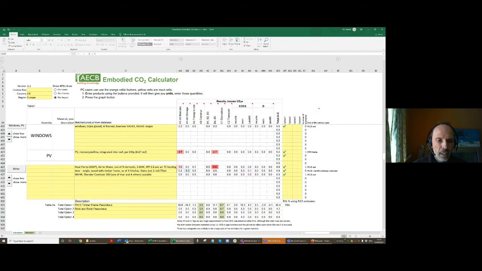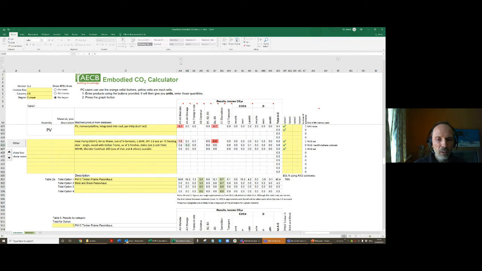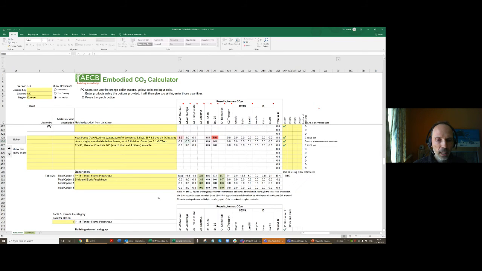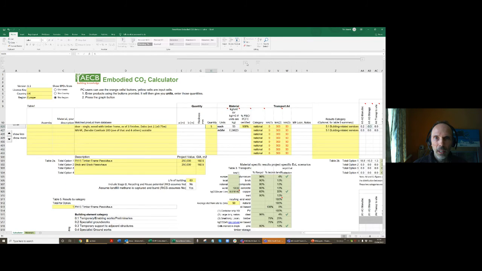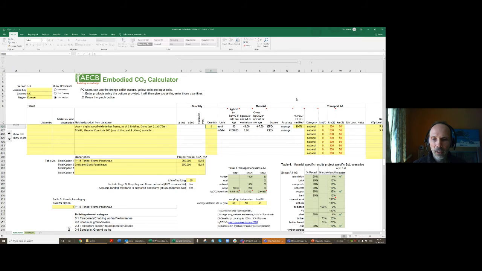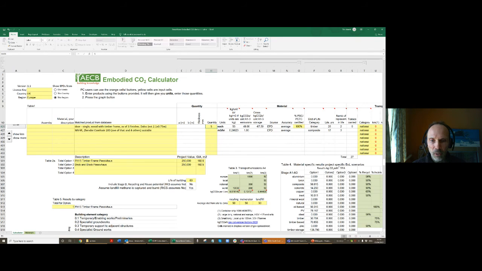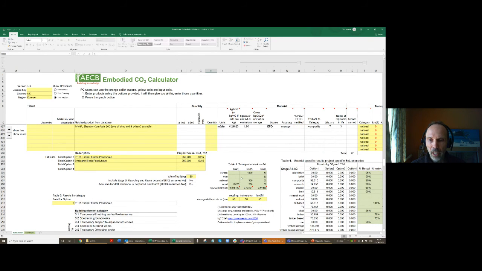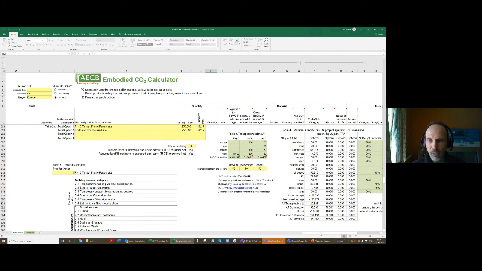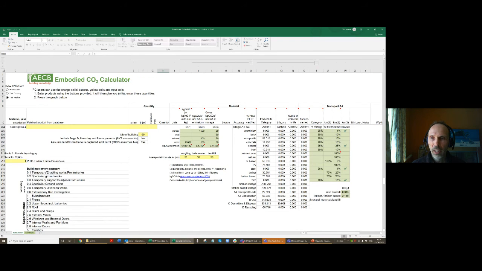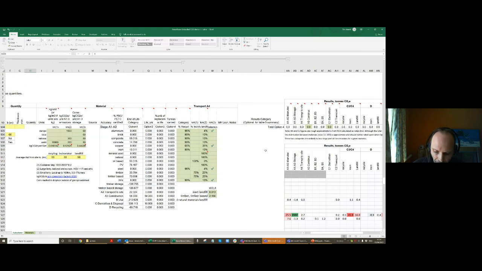And below here, I should say this does contain a graph at the bottom. And the graph, if we open everything up, there's a graph further down. There's the transport emissions assumptions there. There's also the assumptions about recycling straight from RICS. This has been professionally checked.